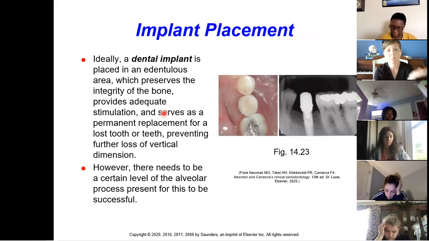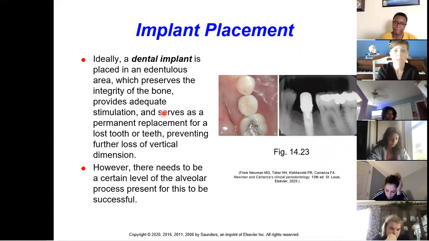All right. Implant placement. Ideally, an implant, we're very heavily on the other part, and that's the periodontal ligament. A dental implant is placed in an edentulous area.